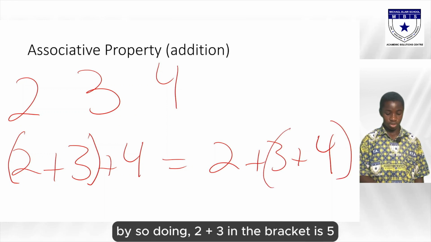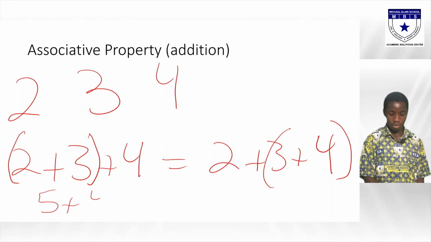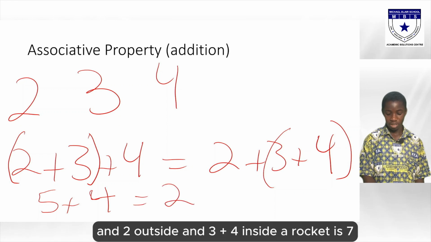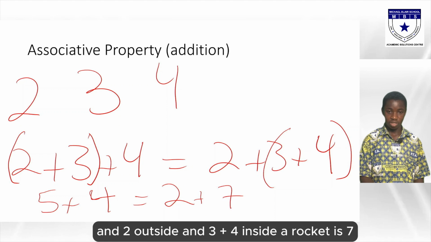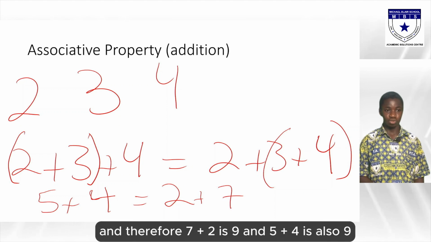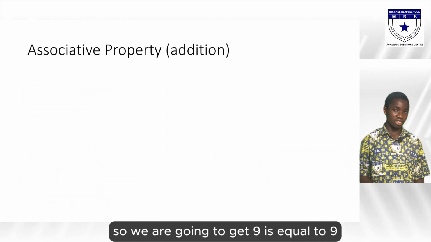So 2 plus 3 in the bracket is 5, 5 plus 4, and 2 outside. Then 3 plus 4 inside the bracket is 7, and therefore 7 plus 2 is 9. And 5 plus 4 is also 9. So you get 9 is equal to 9.